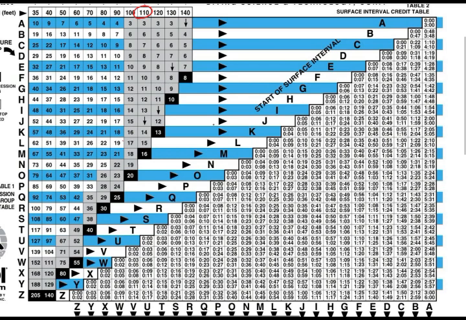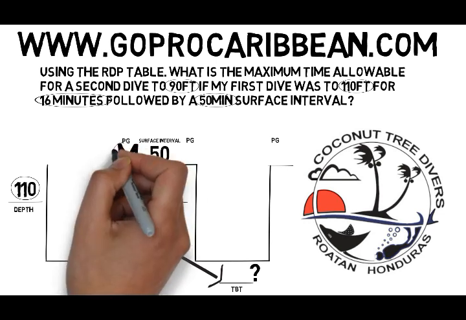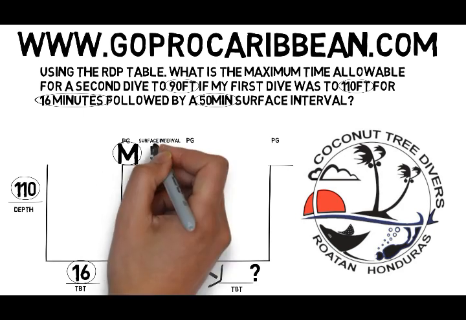So at 110 feet, as we look down that column and find 16 minutes, we will find that it leaves us in pressure group M. We can enter that in on our diagram, and now we have two more bits of information followed by a blank. We have pressure group M and we have 50 minutes.